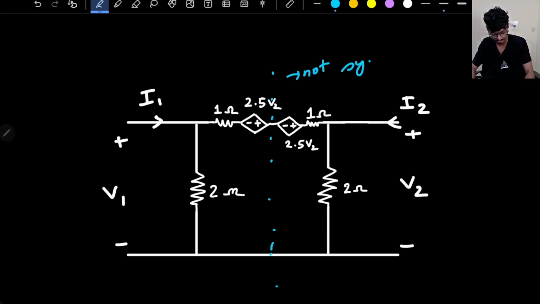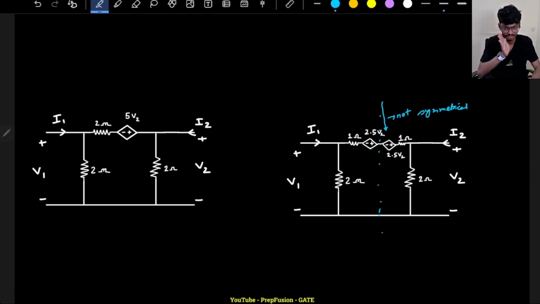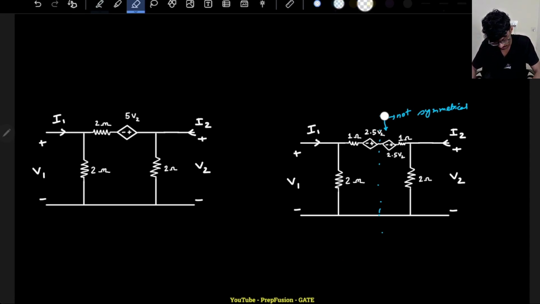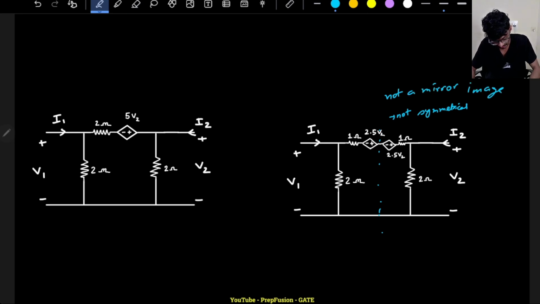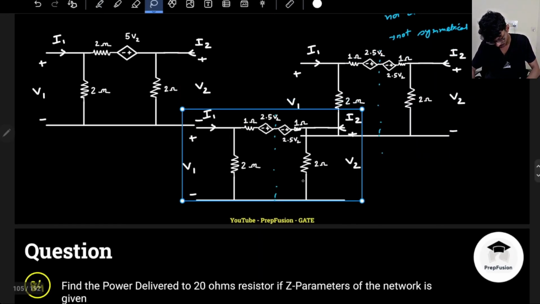Can you tell me why it is not symmetrical? It is not symmetrical because these signs are not a mirror image. How would it have been a mirror image? If I would have changed the voltage polarity, okay, I don't have space.